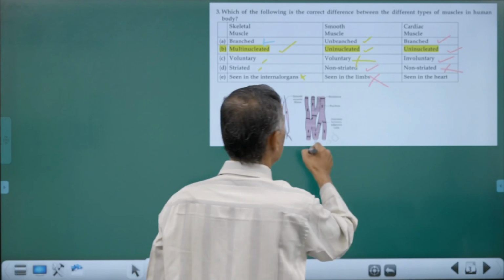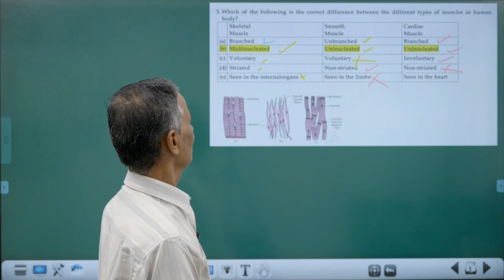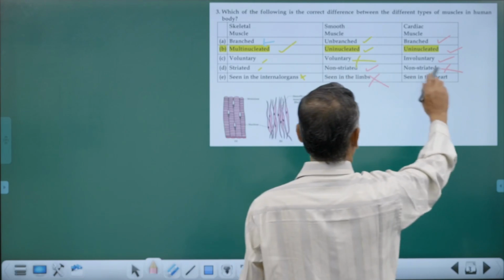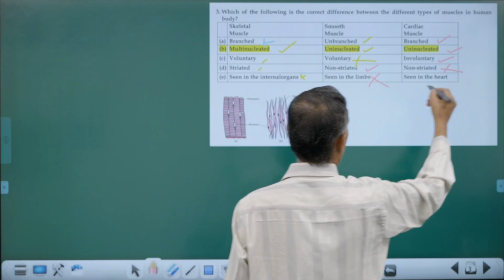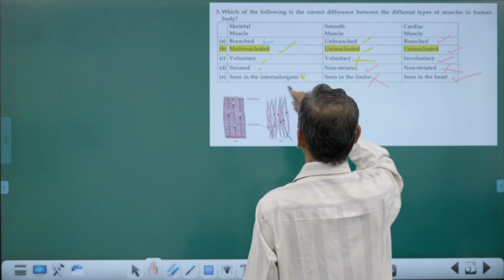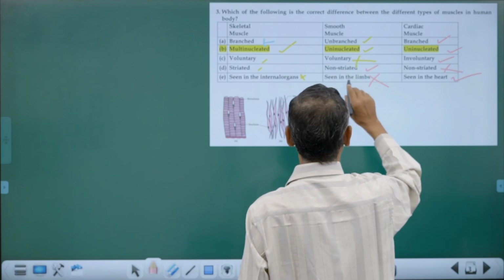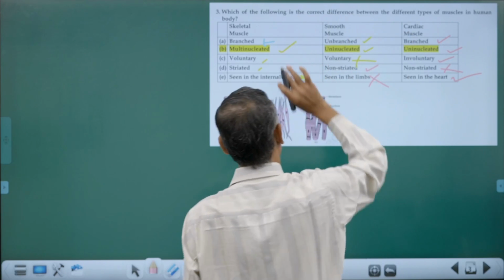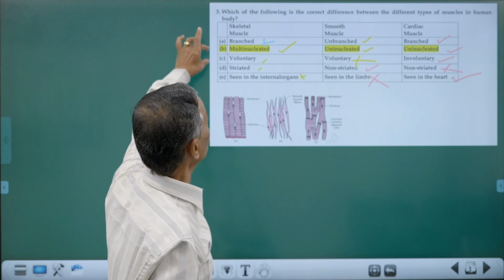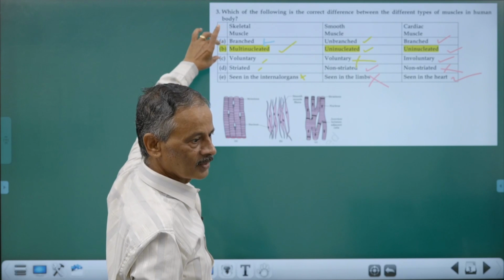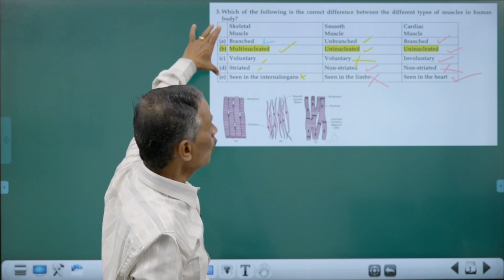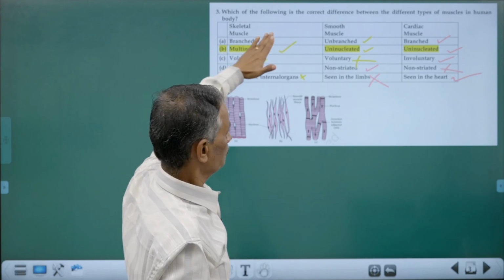No, they all have a striped appearance. That is why this row is also wrong. They are seen in the heart. That is correct. But this row for smooth muscles seen in the limb, that is wrong. That is why these rows are all wrong. So the only correct one is the remaining box. Now you understand how you have to arrive at the correct answer? Good.